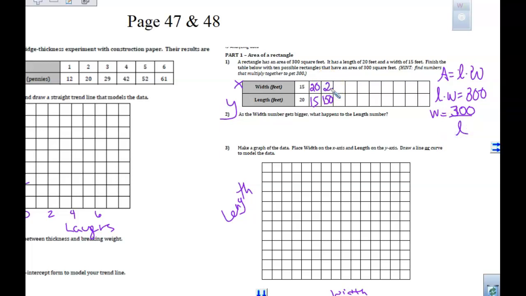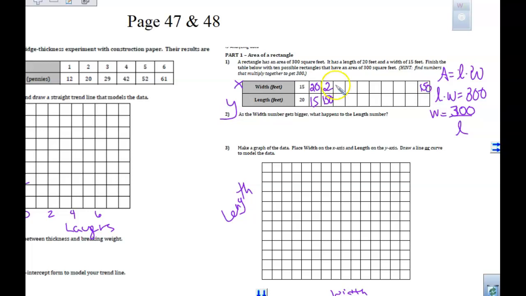2. You have to make this table, and could you pick a decimal if you want? Sure. I would go anywhere from 2 up to about, for those lengths, anywhere up to 150. Like I'd have maybe 150 as one of them. So 2 to 150, and I'm going to pick a bunch of numbers. I'm just going to keep checking on my calculator that I divide to get the other number.